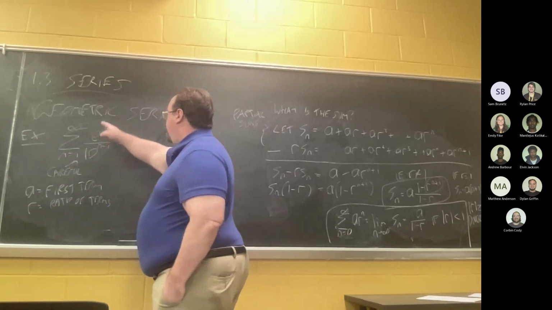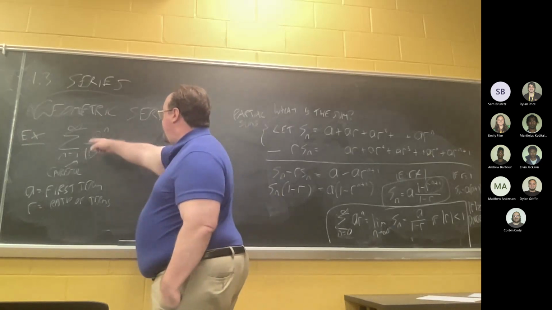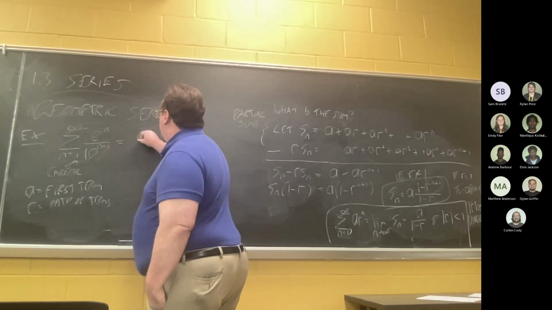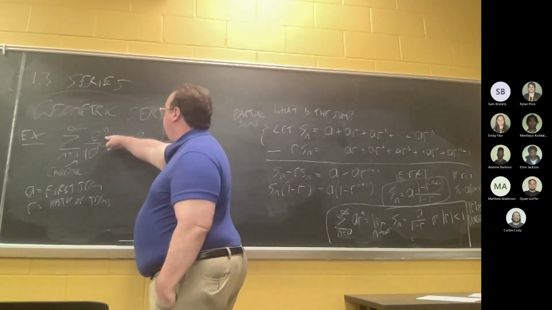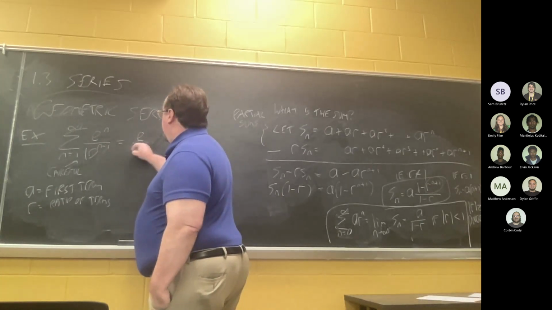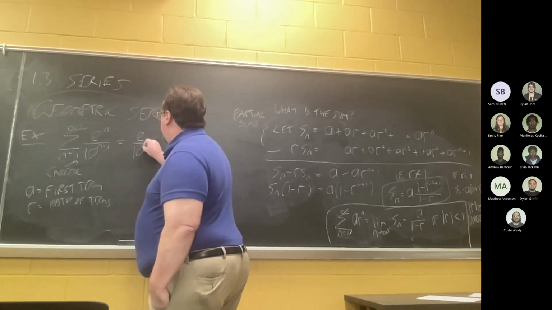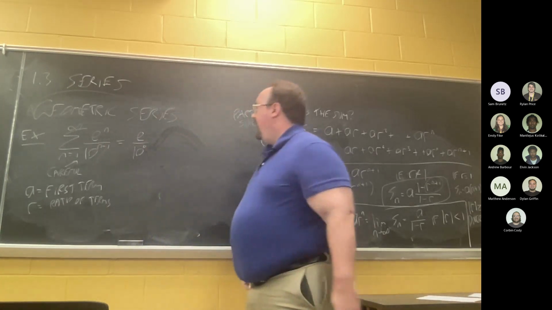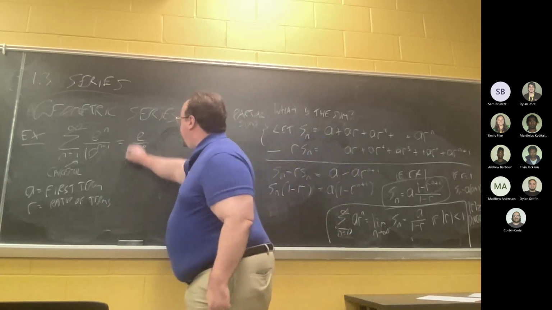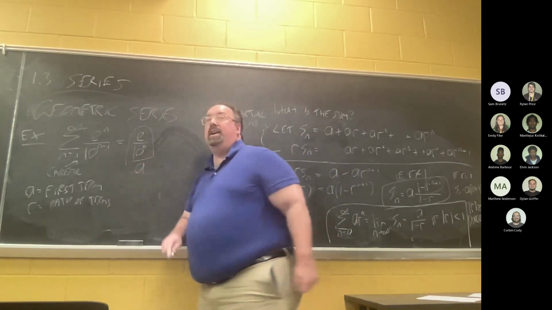If I write out the terms, for n equals 1, I'd have e to the first, which is e, over 10 to the 0, which is 1. So this right here is a.